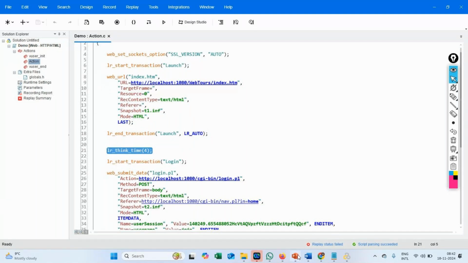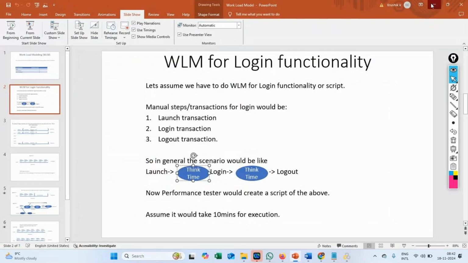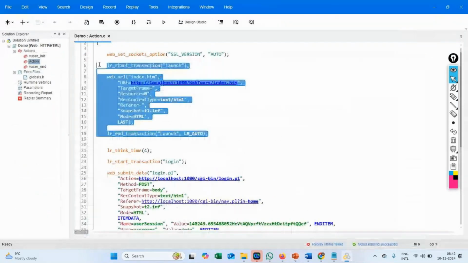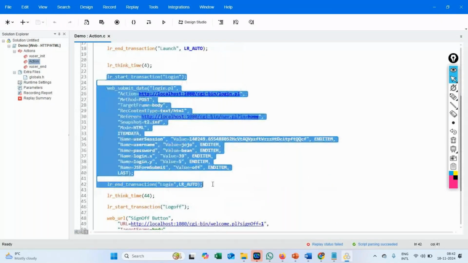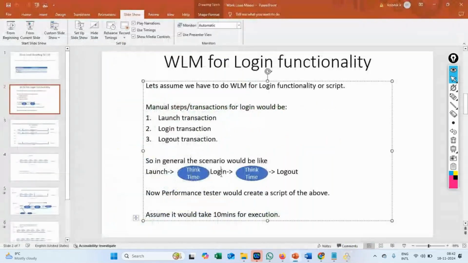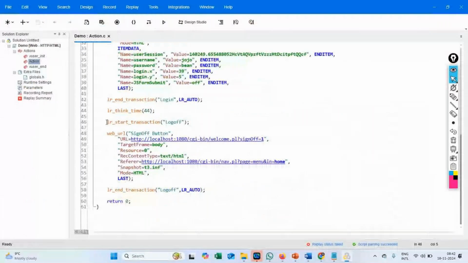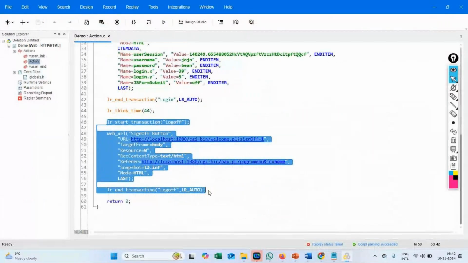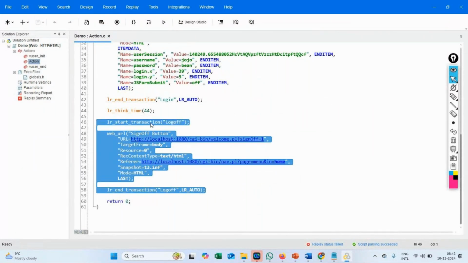Similarly, first one transaction, then think time, then the second transaction, login, and then think time, and then logout. No need to put think time after the last transaction.